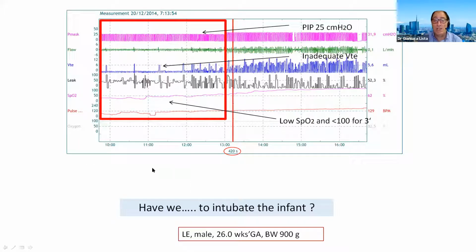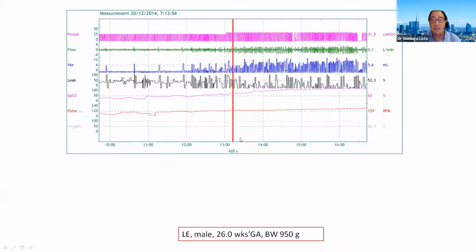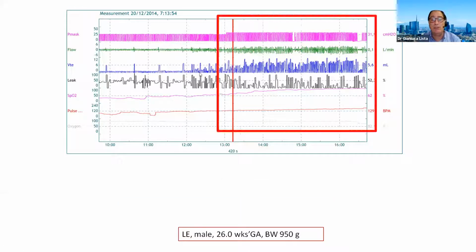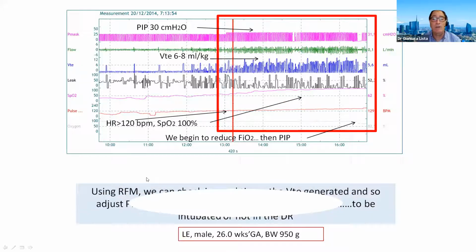So the question is, do we have to intubate this infant? Probably if we follow the algorithm of the Neonatal Resuscitation Program, we have to intubate the baby, but we decided, observing the respiratory function monitor, that by increasing the peak inflation pressure from 25 to 30, we were able to increase the tidal volume, and we were able to increase the heart rate and the saturation.